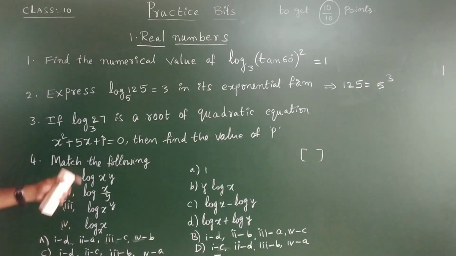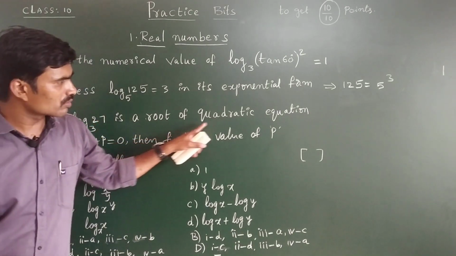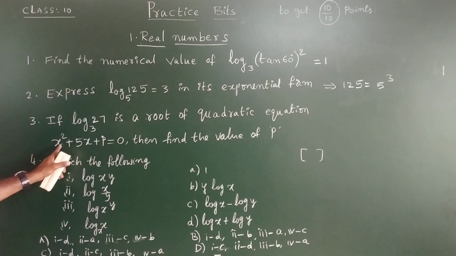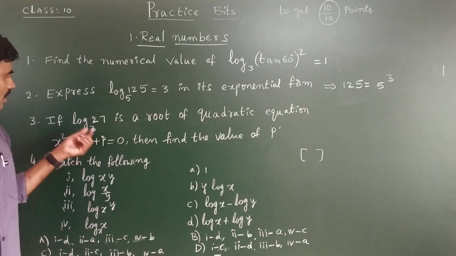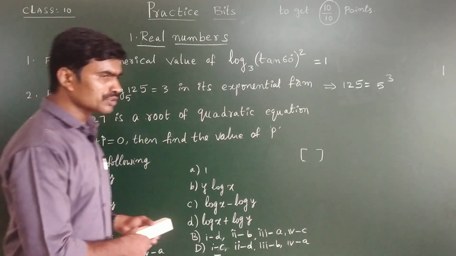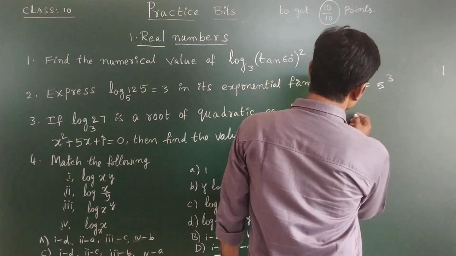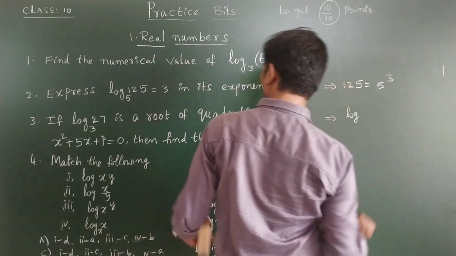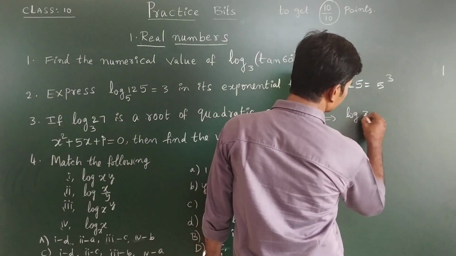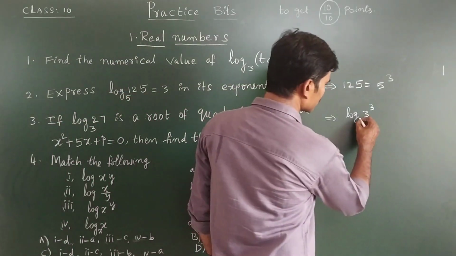Next bit is, if log 27 base 3 is a root of a quadratic equation x square plus 5x plus p is equals to 0. This is dependent on the logarithms. Log 27 base 3. Log 27 we can write as 3 cube, base 3 as it is.